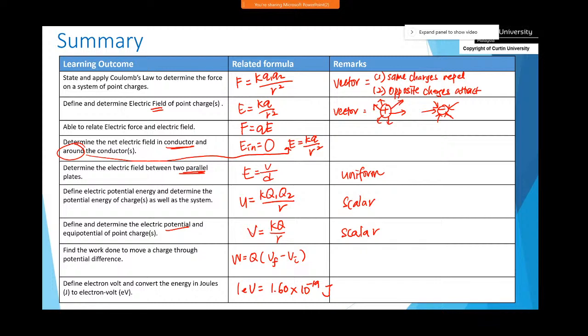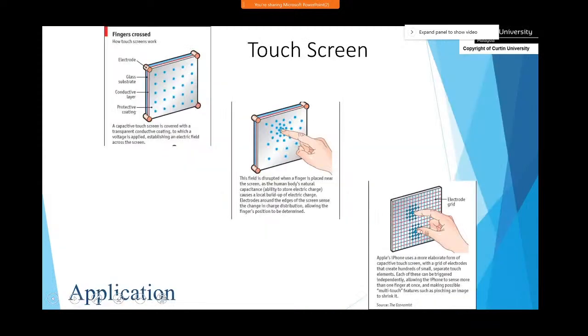So what will be the application? Why do you need to learn such complicated things? The best application of electrostatics is the touch screen that we are always utilizing nowadays. It is based on the charge on our finger.